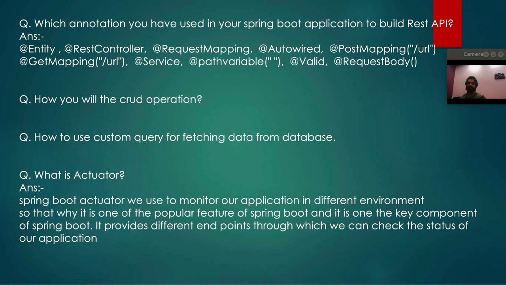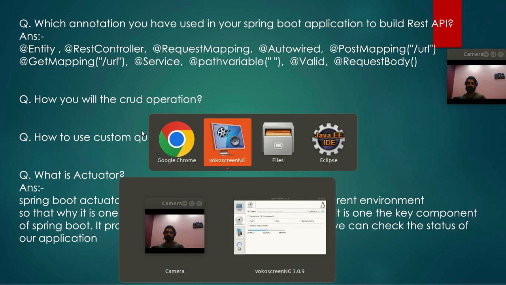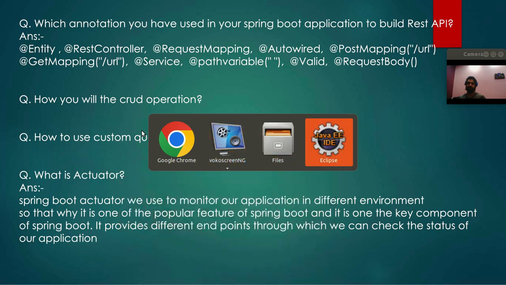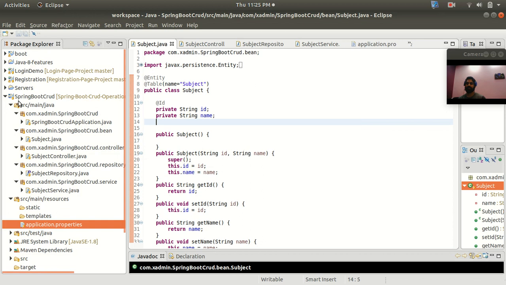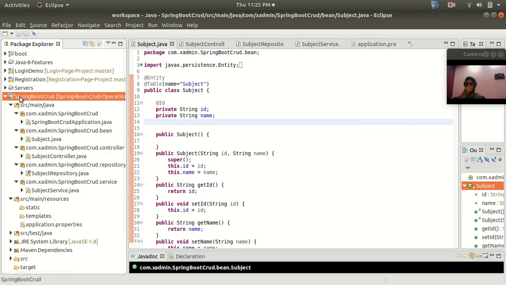I already have a sample project for the CRUD operations, so I want to show you directly. This is a Spring Boot CRUD application, and inside the source folder and the Java folder, you need to create all the packages.